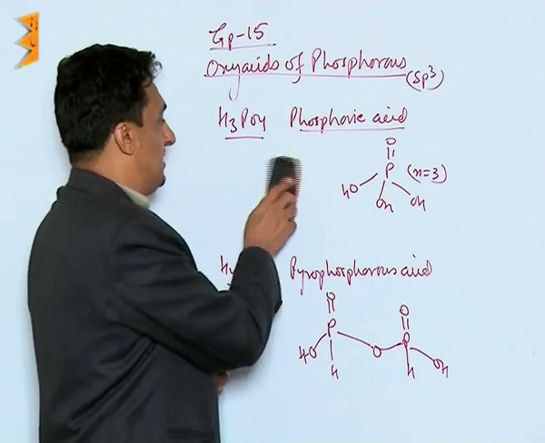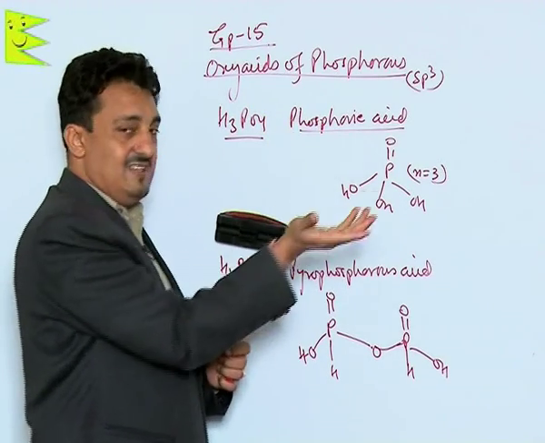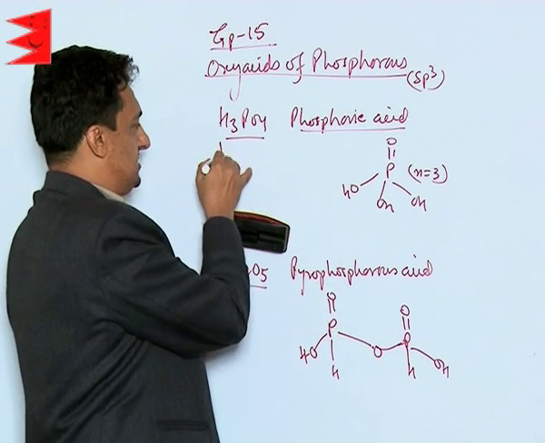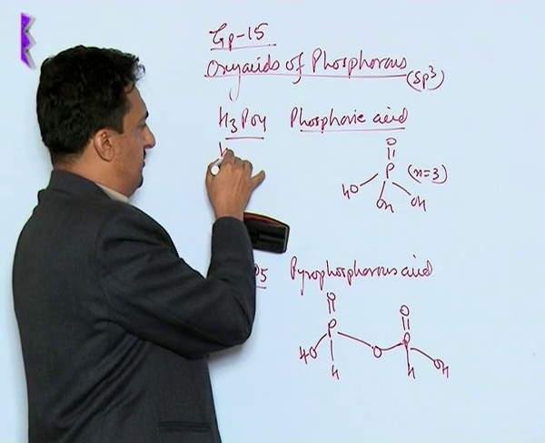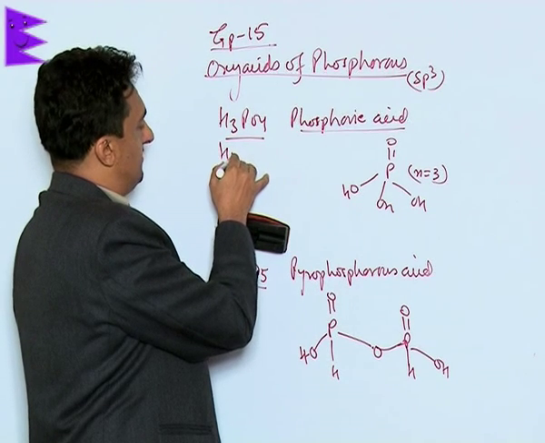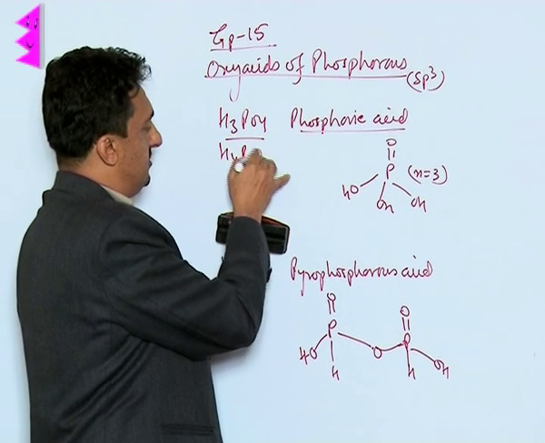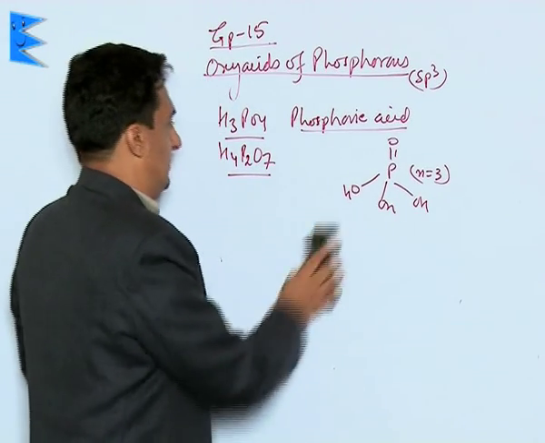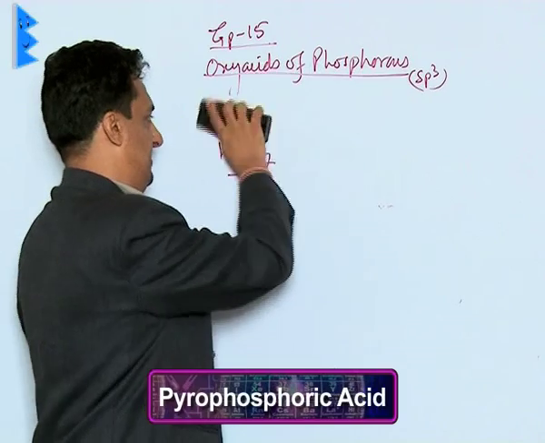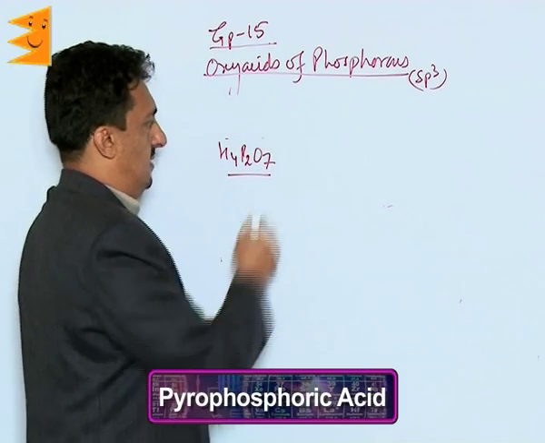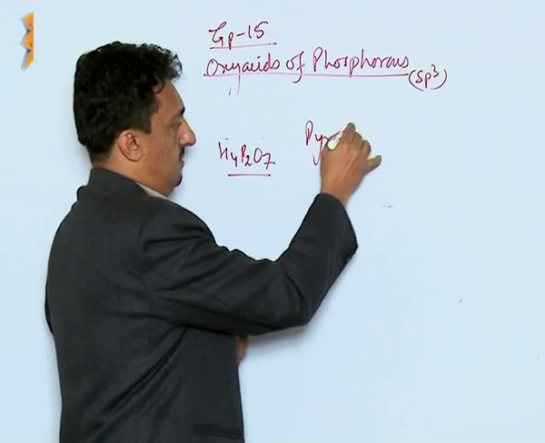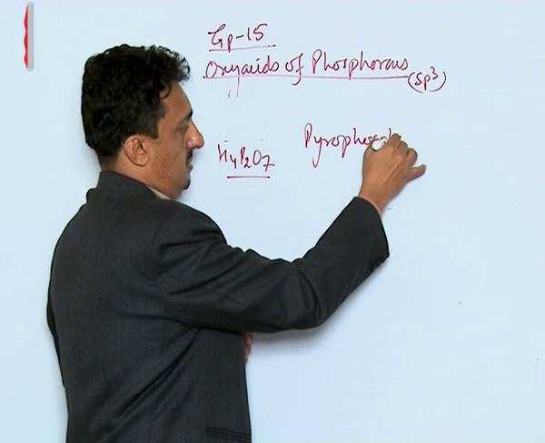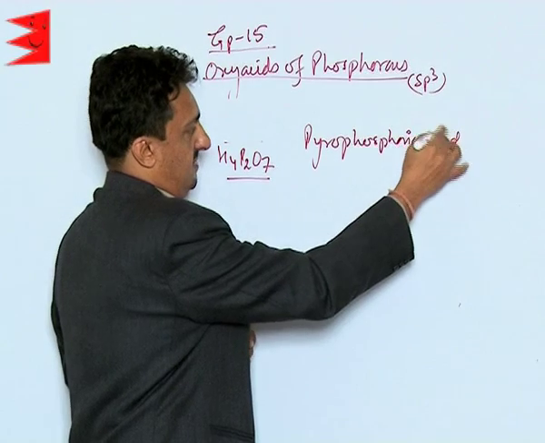Similarly, we have the double of this. When this acid is heated, one water molecule is lost, and the double of this acid becomes H4P2O7. It's called pyrophosphoric acid.